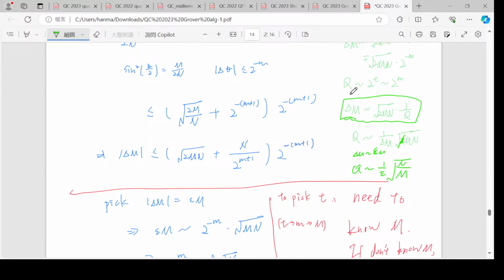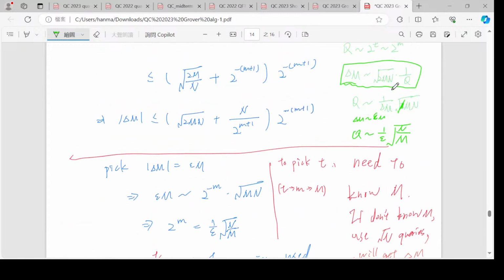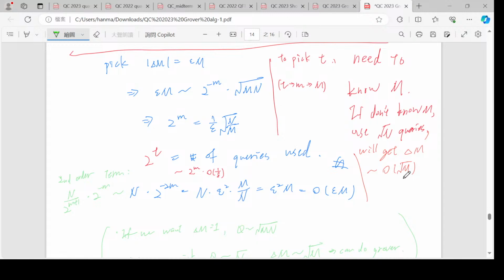If you don't know m, you can still fix q to be 1 over square root n. Then you can determine t and n, and square root n will cancel this square root n here. Then your delta n will be about order square root n. So this is not a fixed epsilon, but you get something that's still a pretty good approximation. If you pick square root n queries, you can get about square root n precision.